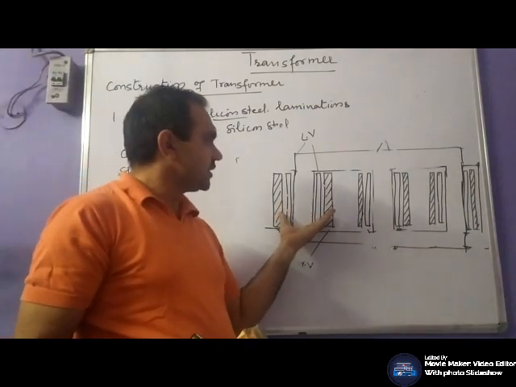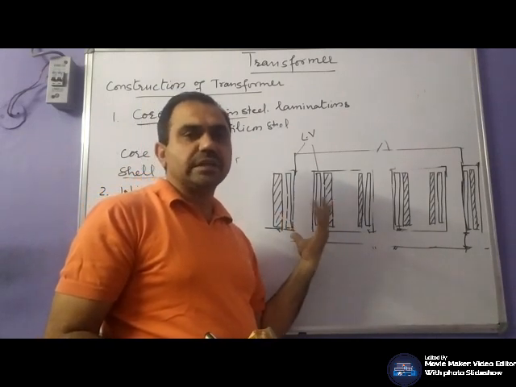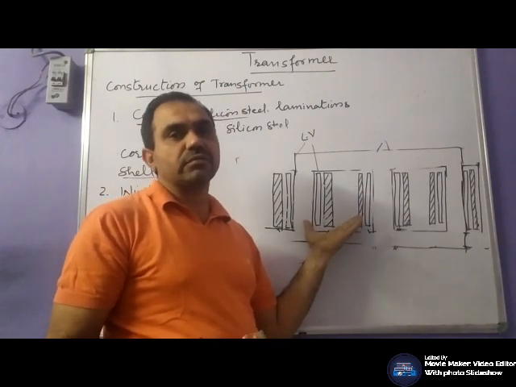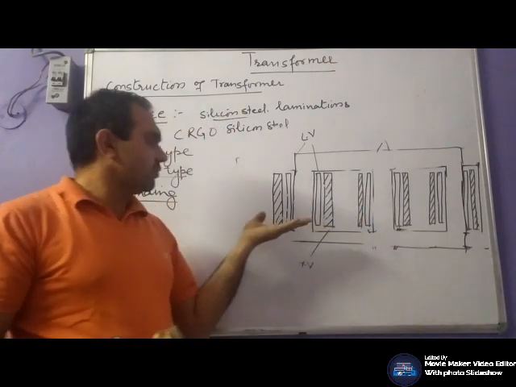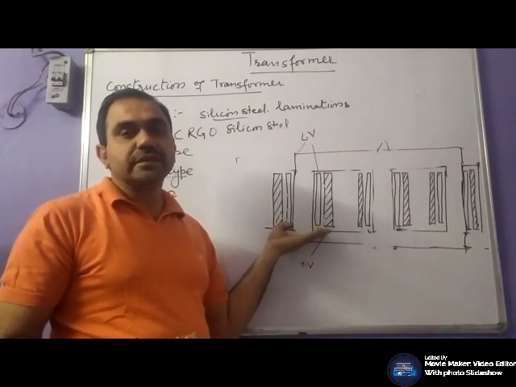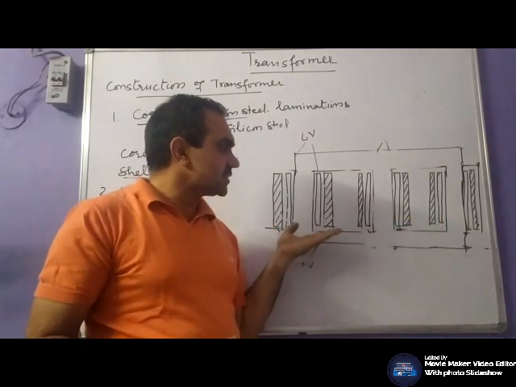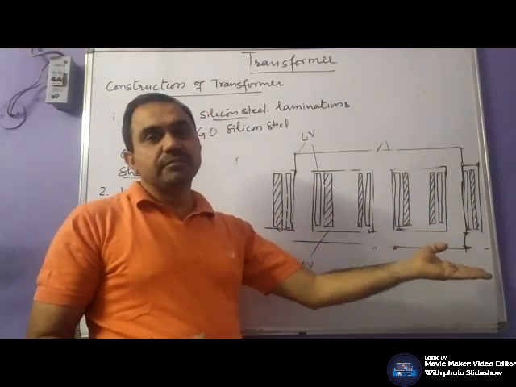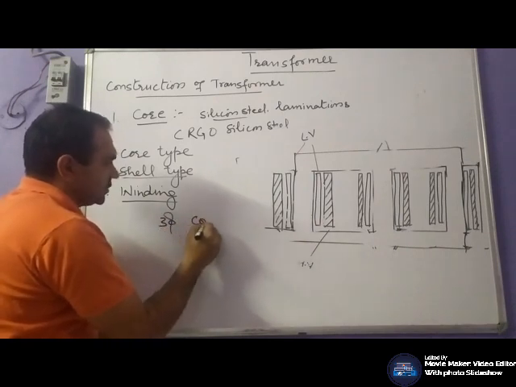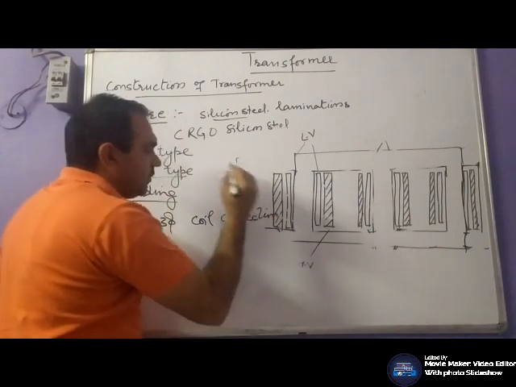In the case of single phase, we have two coils, one for the low voltage side and another for the high voltage side. In the case of three phase, the winding has three coils, and these coil connections may be different.